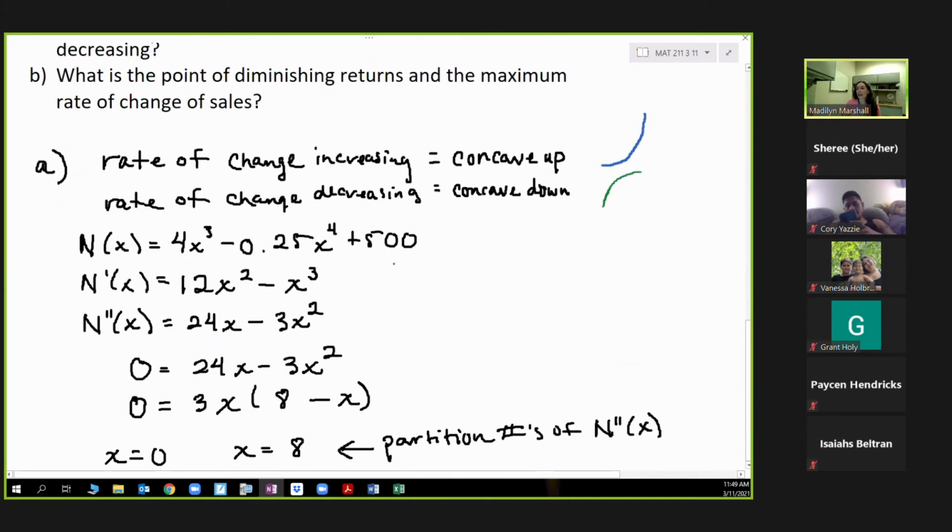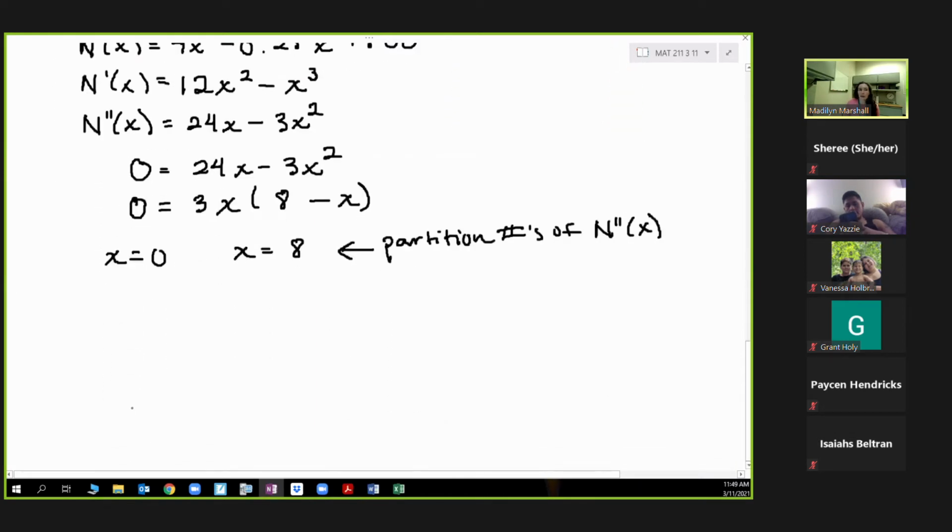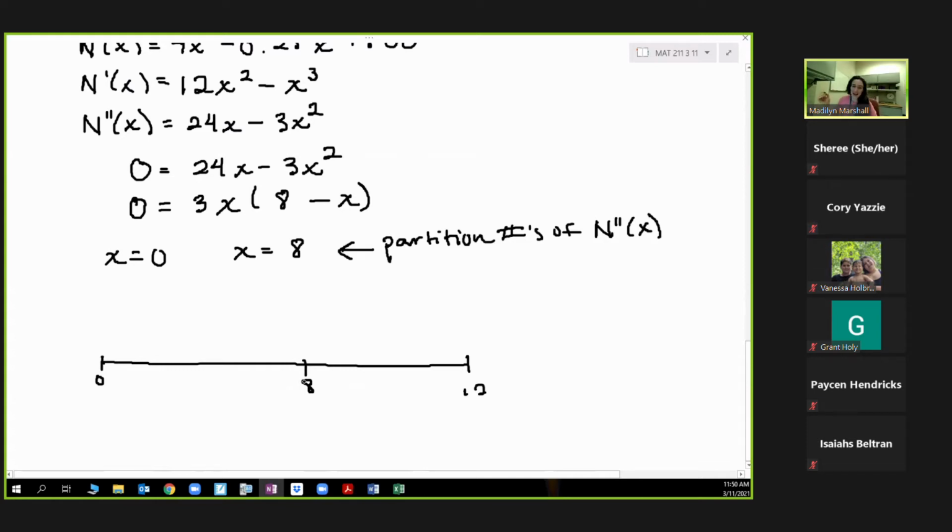So when we make a sign chart to determine concavity, we don't need to do negative infinity to infinity because we only care about 0 to 12. And 8 is one of our partitions. The 0 is there, but it was an endpoint anyway, so it's not really doing that much.